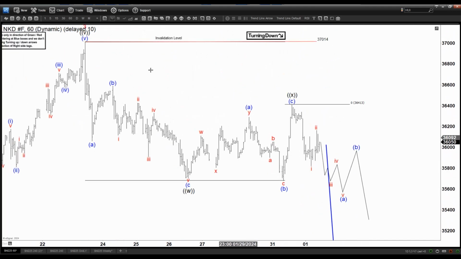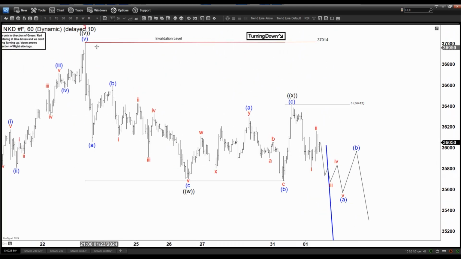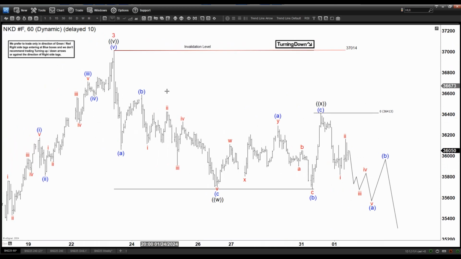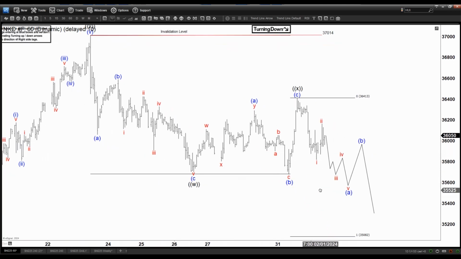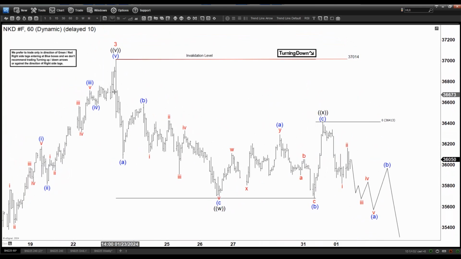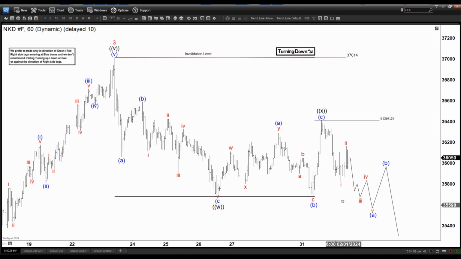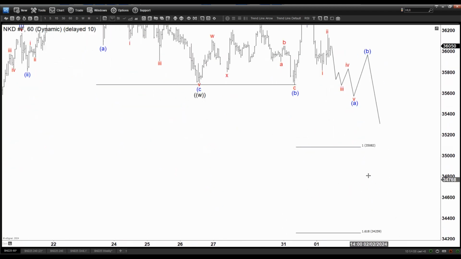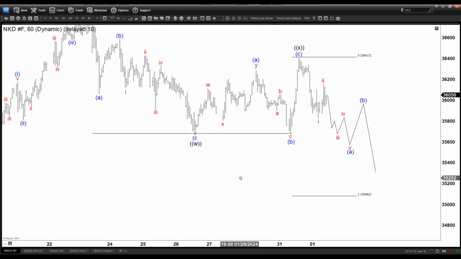As long as this structure over here is a correction, which I do think it is, more likely than an impulse or a 5 swing diagonal. So bottom line is, as long as we stay below 37,014, we get a chance to extend lower into this area, the next area, 34,259 to 35,082, where we can find support.